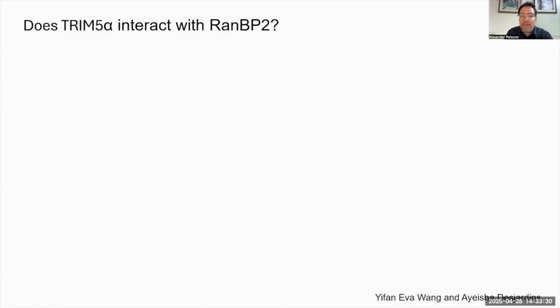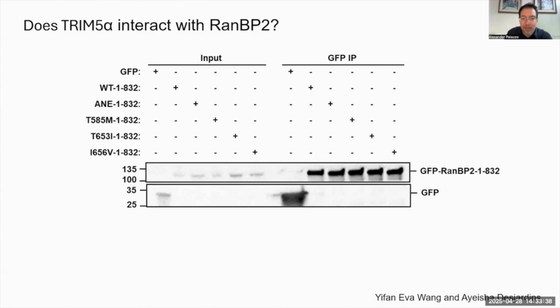So does TRIM5 alpha interact with RanBP2? We wanted to confirm this not only with the triple mutant, but individual ANE mutants. And sure enough, so here I'm just showing you a blot where we immunoprecipitate either the wild type fragment of RanBP2, this is the fragment that has the three mutations, and now we have individual mutations, including T585M.